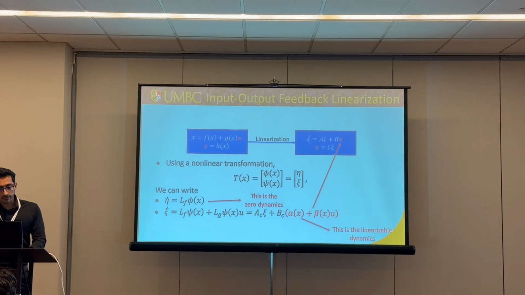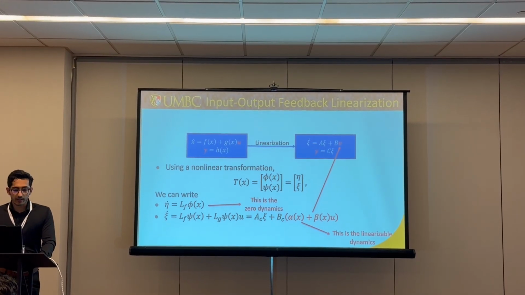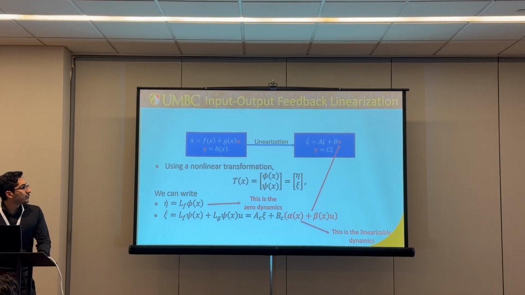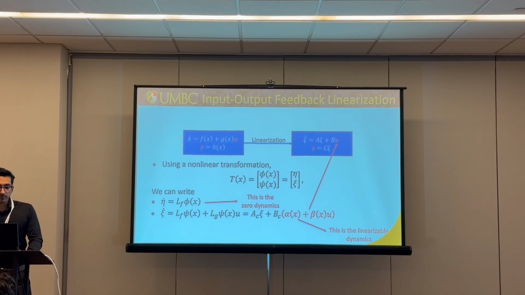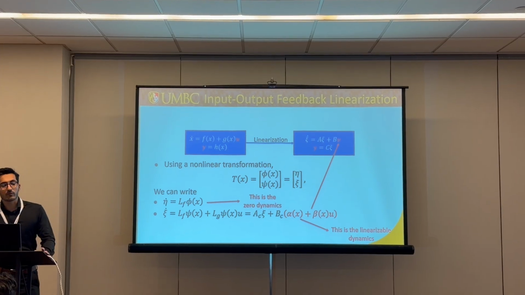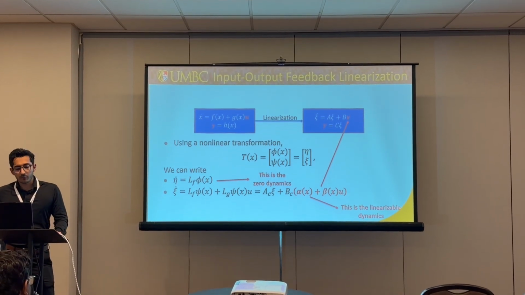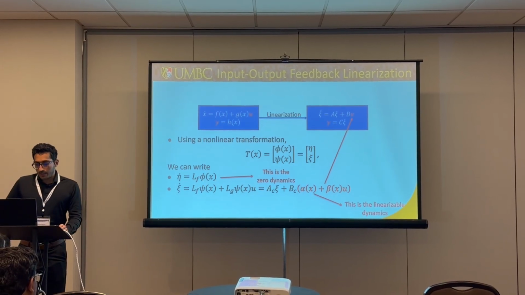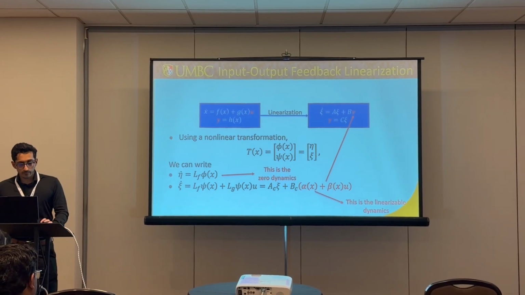We are considering our angles as our output, so we need to take a derivative of them 2 times, and that gives us the relative degree of the system. So y1 would be the measurement for the first angle and its angular velocity, and y2 would be again the second angle and its angular velocity. And as the relative degree is 4, we don't have any zero dynamics.